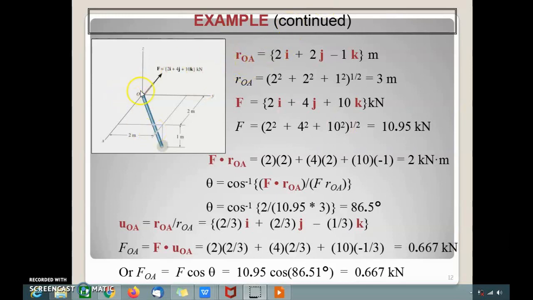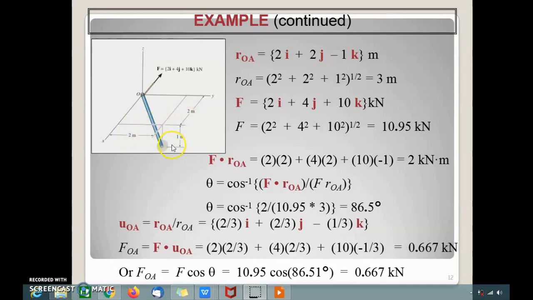So you have two coordinates here. The first coordinate is at the origin 0, 0, 0, and the second coordinate is at A. What is the coordinate for A here? For the x-axis it is 2, the y-axis is 2, and the z-axis is negative 1 because the direction is downward.